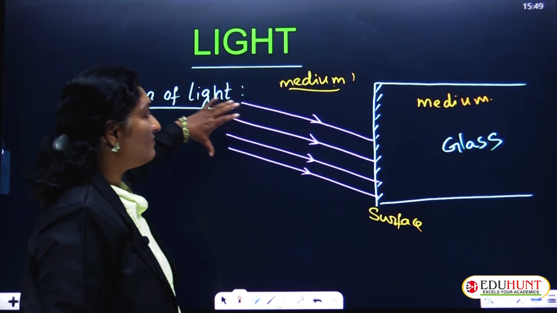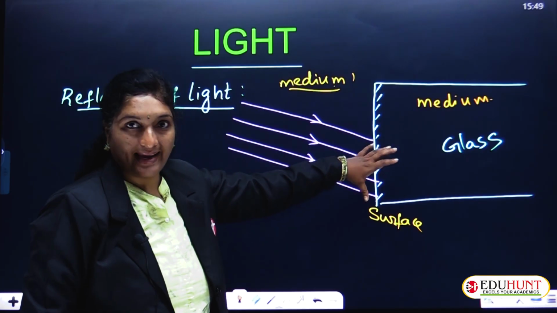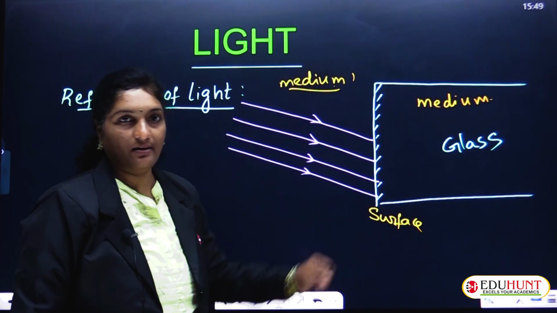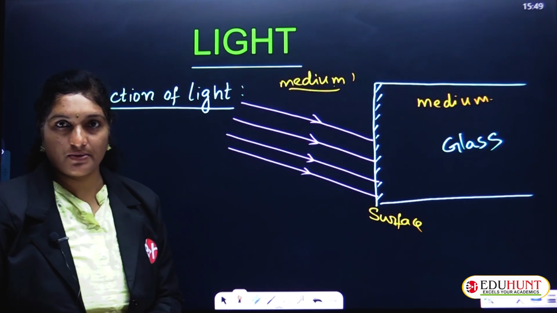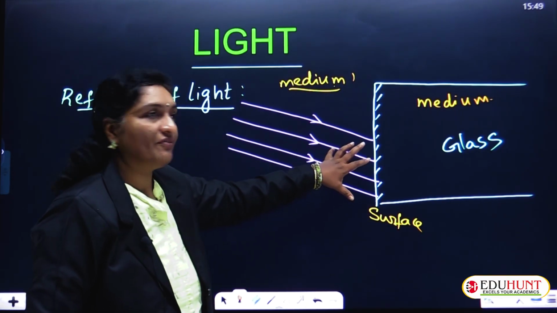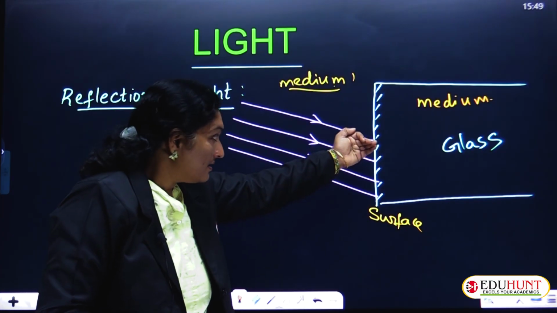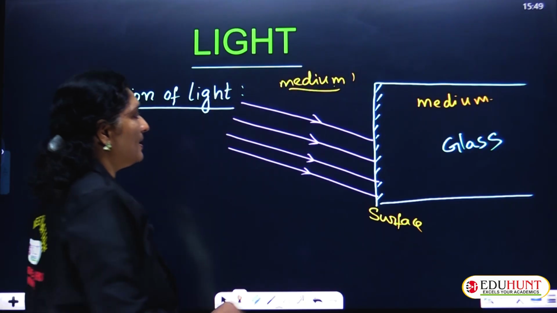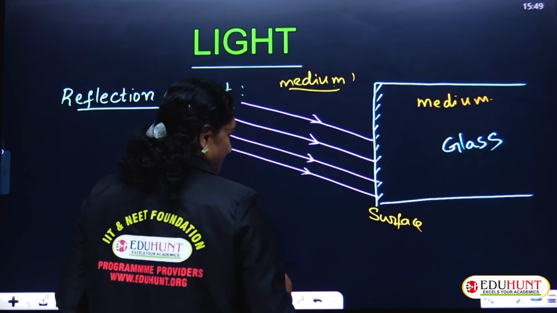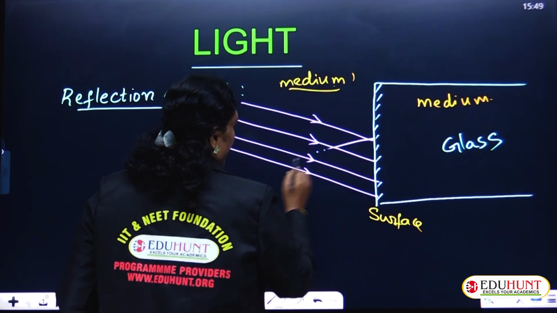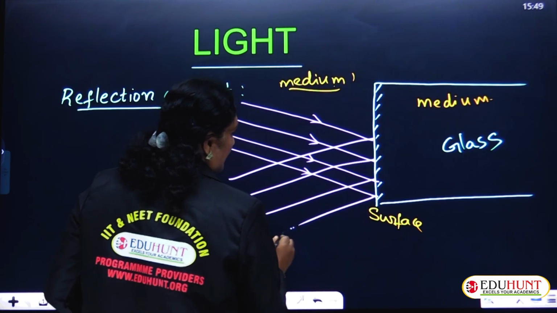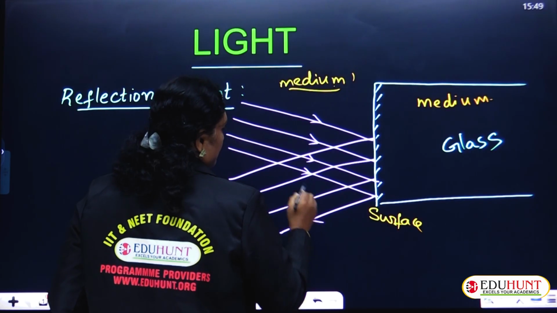Whenever a beam of light strikes a surface, I said it is a surface, then what we observe is a portion of light is returned back to the same medium. This is the same medium and some portion of the light returns back to the same medium after striking the surface, something like this.